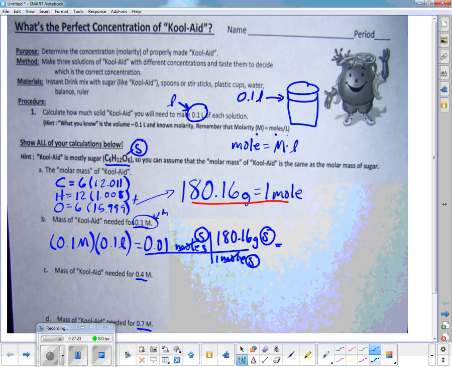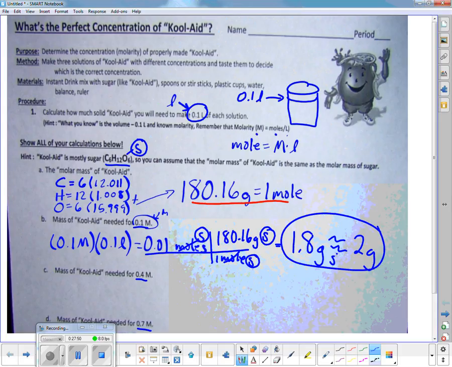How much do I need to weigh out? 1.8. I'm just going to go to the 0.8. Now, there's one scale back there that doesn't weigh to the point. So what should I weigh out if I can't? I can only weigh to the whole number. 2. So it's about 2 grams. Okay, and that's my answer for this.